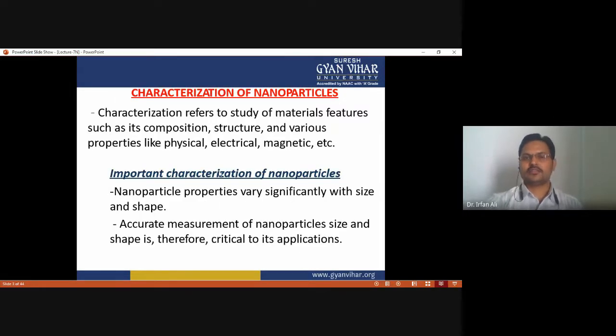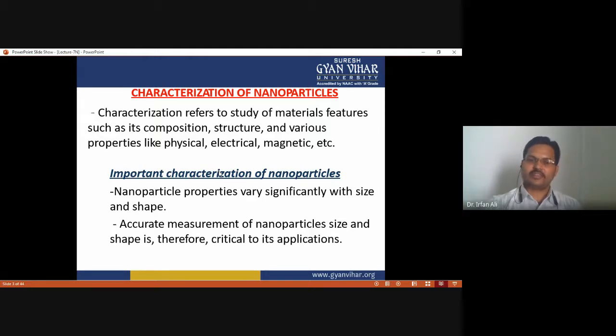Characterization of nanoparticles refers to the study of nanomaterials, including their features like composition and structure, and various other properties like physical, electrical, magnetic, and optical properties. The process of identifying these properties is called characterization of nanoparticles. Why is characterization so important? Because nanoparticle properties vary significantly with size and shape.